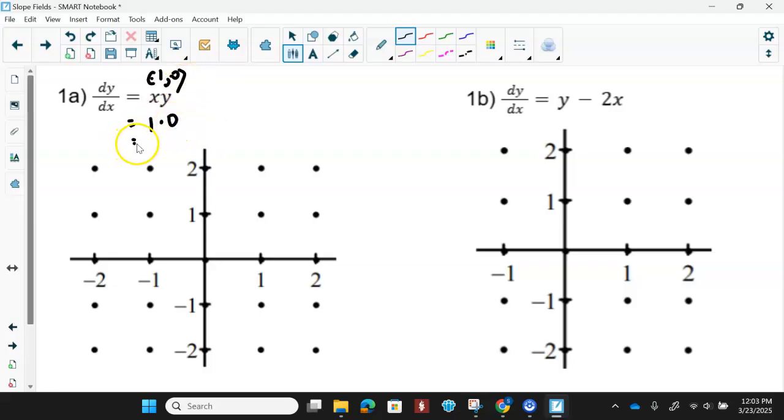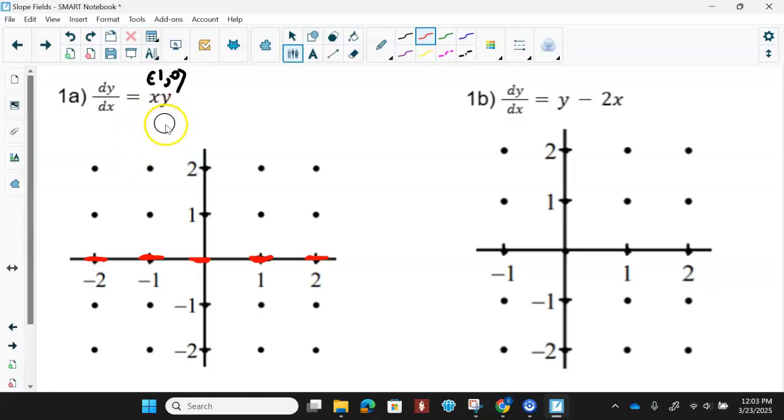Notice here, you just get a slope of 0. So that means we would just have our flat line here. I'll change the color, a flat line. So basically, that means here, 0, 0 would also have a slope of 0, right? All across here, that would be a slope of 0.